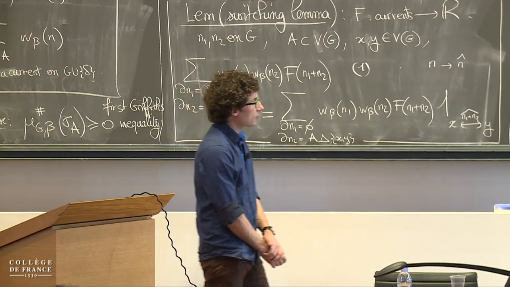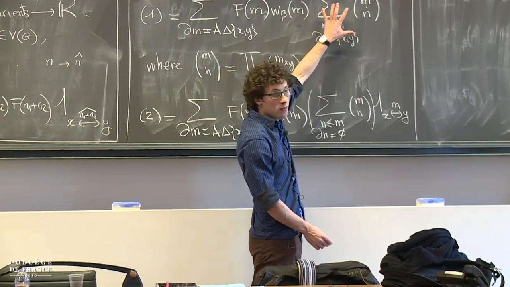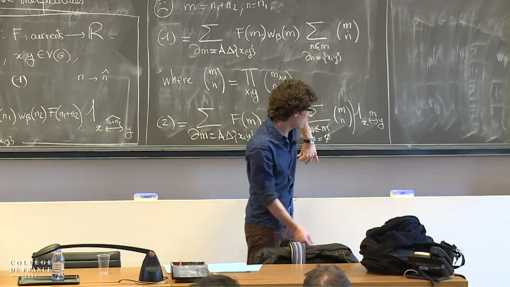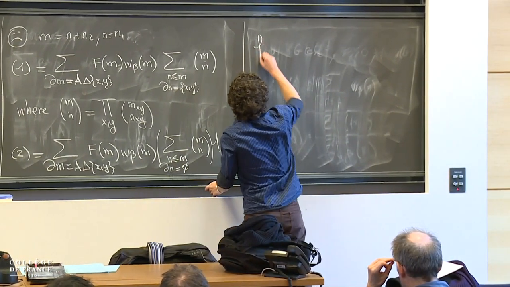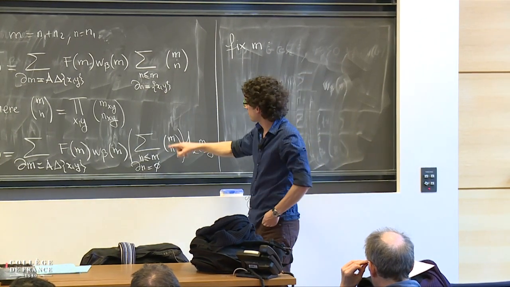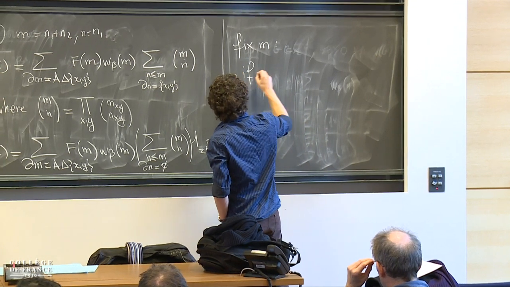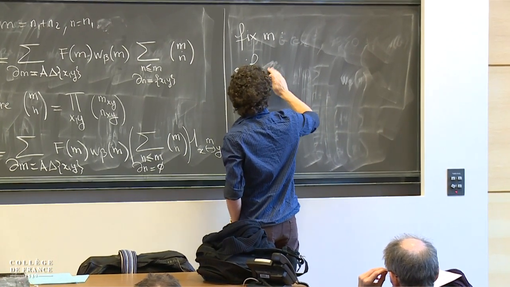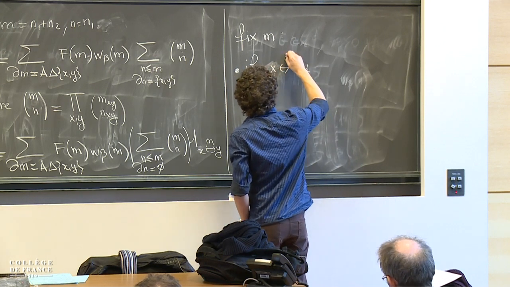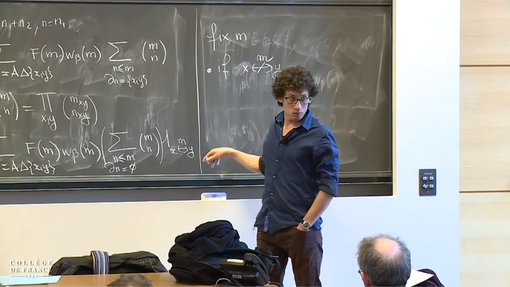So now what I need to check, and what it's sufficient to check, is that this quantity, for every m, is equal to this one. Okay? So fix m, and let's check that. So first thing, if x is not connected to y in m, then this thing is equal to 0.